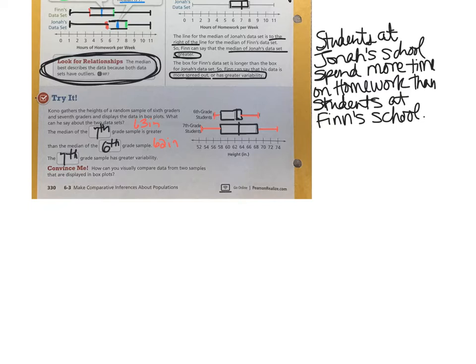We also notice that the 7th grade sample has greater variability, and you can see that here when you look at the box plot, because that data is more spread out than the 6th grade sample. The box that represents your first quartile, your median, and your third quartile is much larger than the box for 6th grade. So we do notice that it does have greater variability.